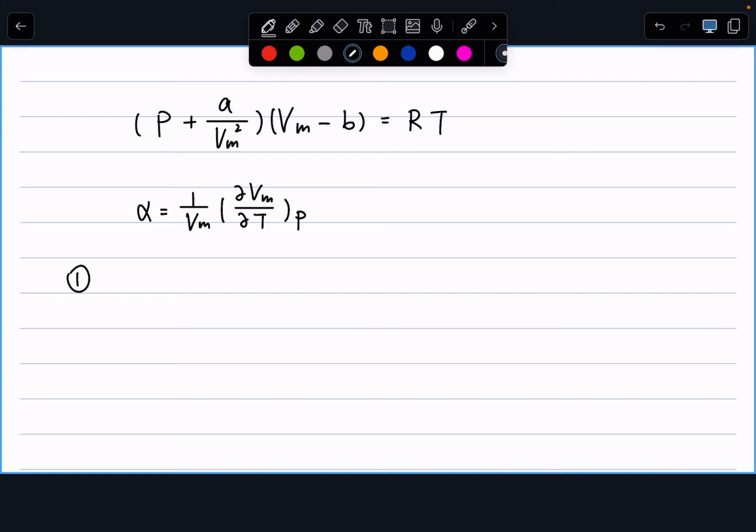Now, the first strategy you could use is, again, using the cyclic chain rule. So remember the cyclic chain rule, we're talking about the relationship of different partial derivatives.